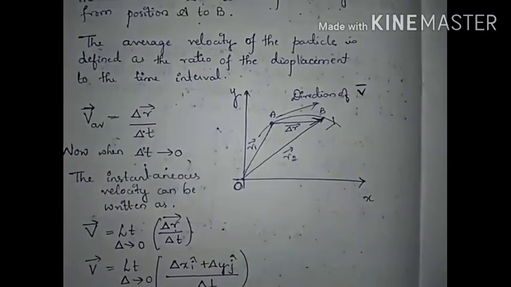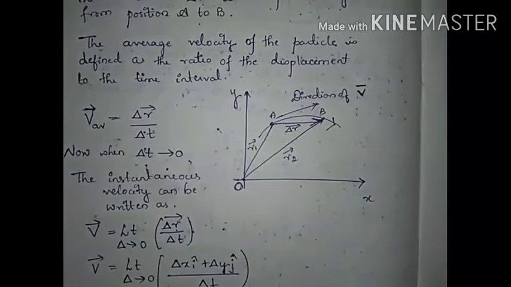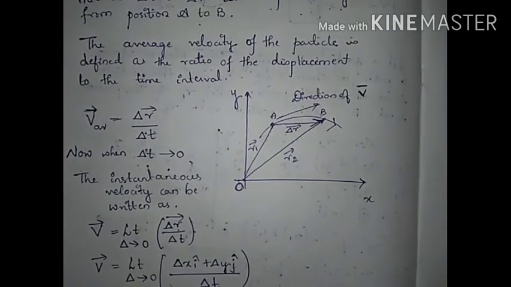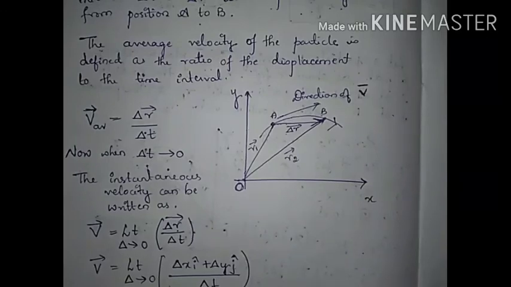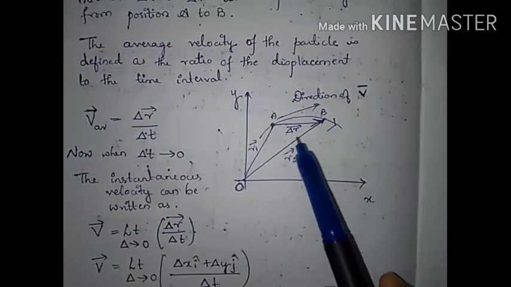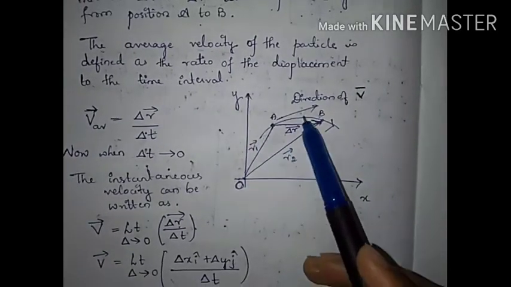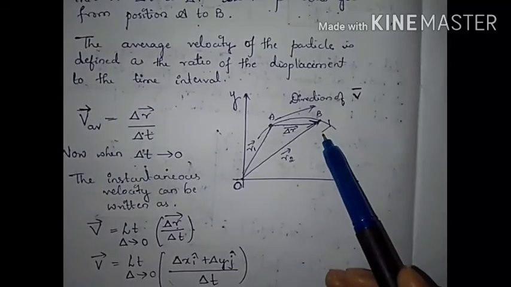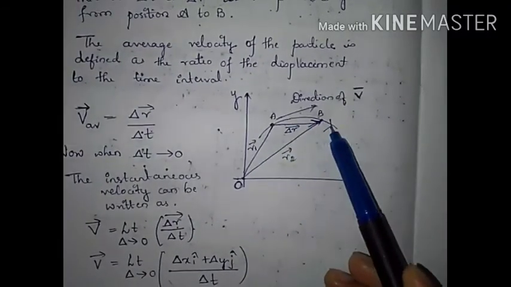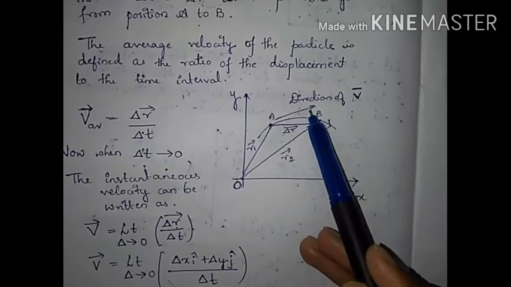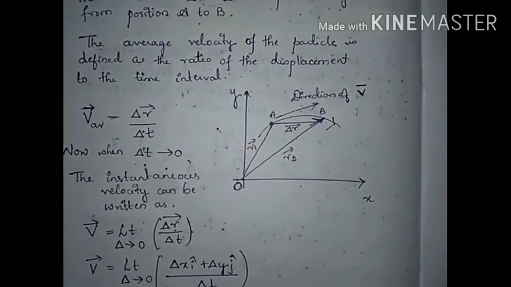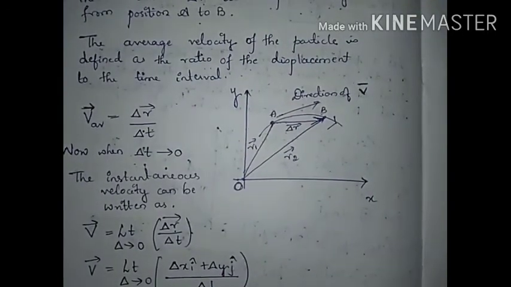A and B are two points chosen on the path. For this A and B you have to find the average velocity, and after that the instantaneous velocity. The motion of the particle is in this direction and the path is this. So the direction of velocity will be tangent to the motion of the particle.